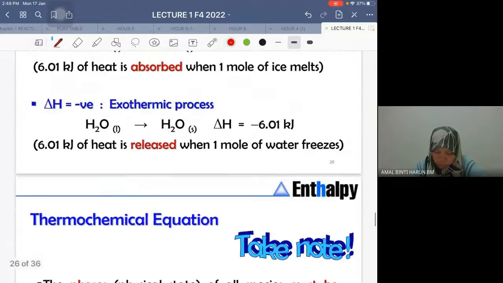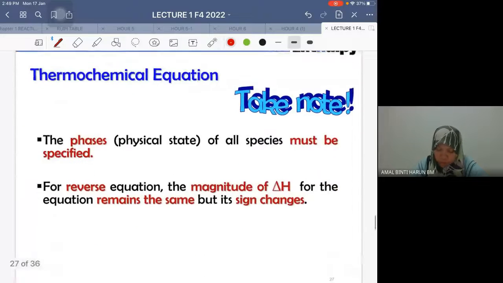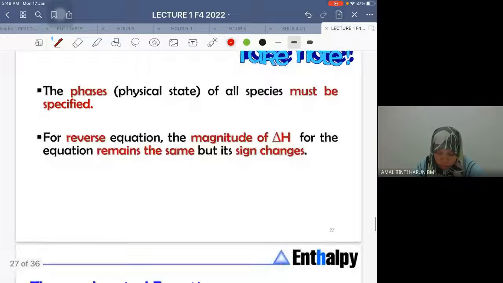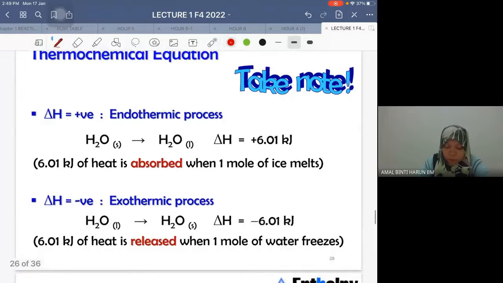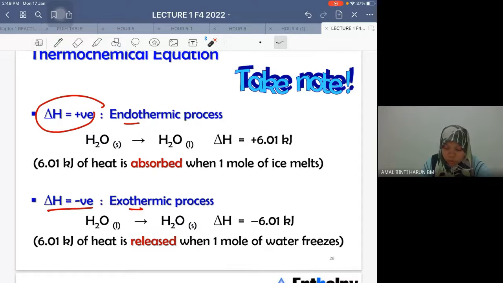Okay, ni okay, saya terangkan kat sini dulu lah. Tak apalah, saya tunjuk kat sini je. Okay, kalau kita dapat delta H positif, endo, negatif exo. Maksudnya untuk sebanyak 6.01 kilojoule heat absorb apabila 1 mol ais, ni solid kan, cair kepada water liquid. Ini water solid, maksudnya ais lah. Dia cair jadi water liquid.